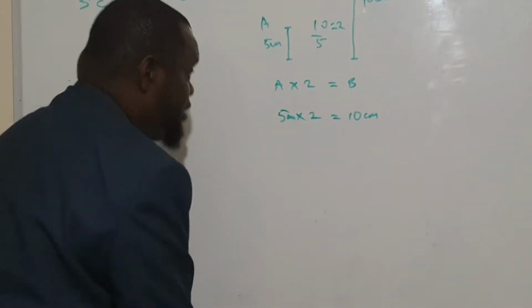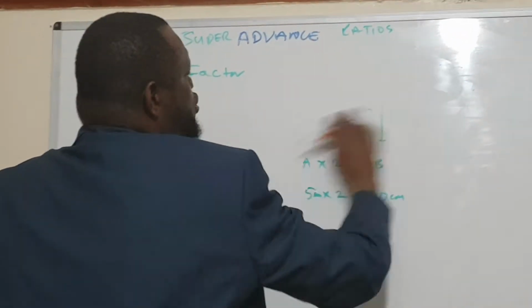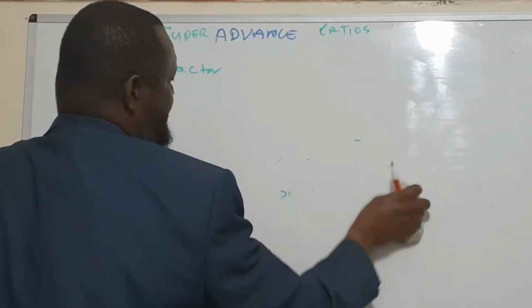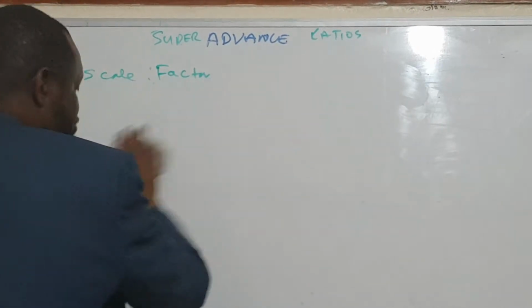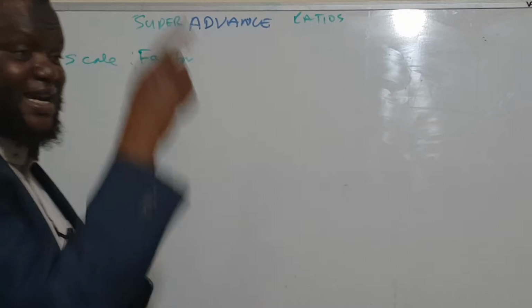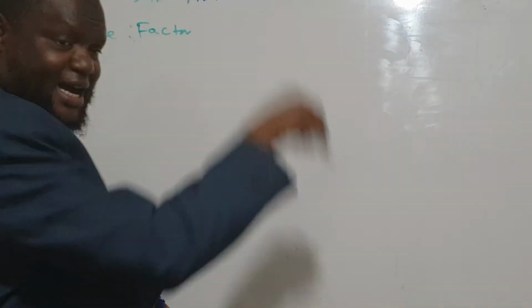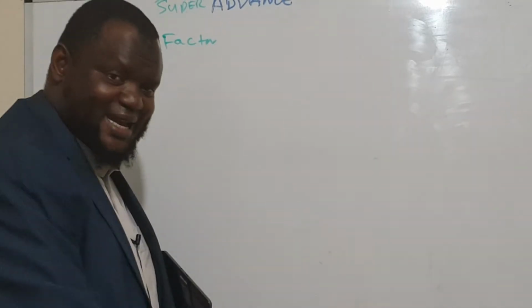Now, take note of this. Imagine we are comparing 2 structures or 2 objects which have not only length but also breadth. That means they have an area now. The line has no area, it has only length.